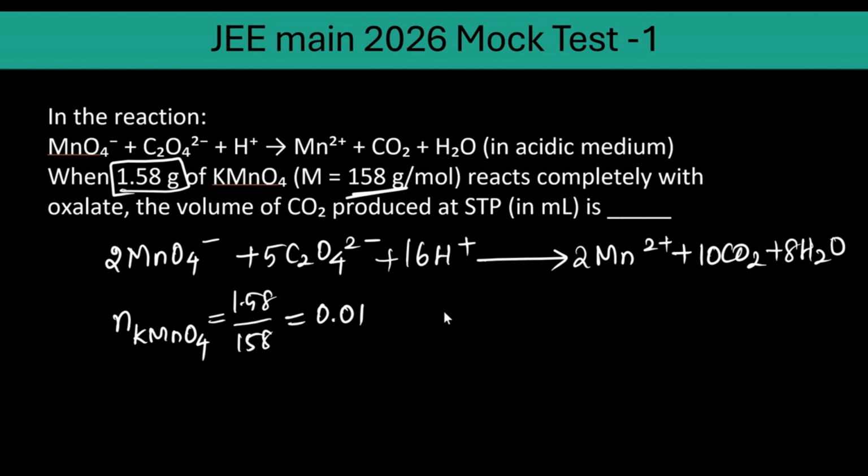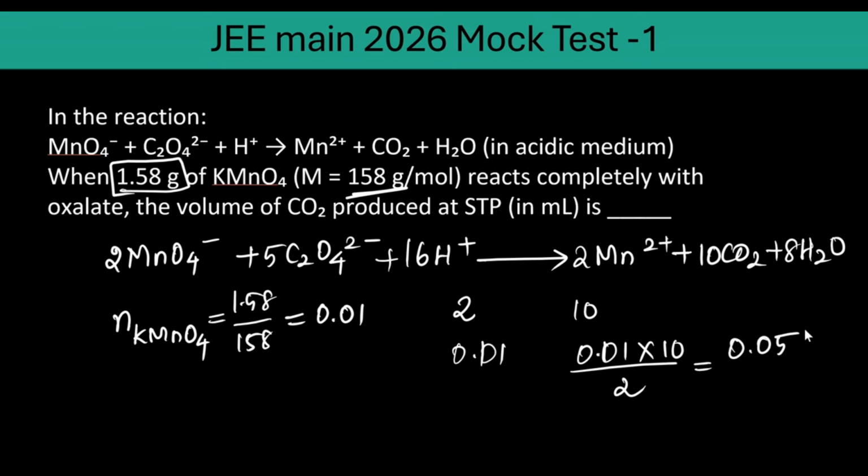So 2 mole of MnO4 minus produces 10 mole of CO2. 0.01 MnO4 minus produces, so 2 mole produces 10, so 0.01 produces 0.01 into 10 divided by 2, correct? So which will be 0.05 moles of CO2.